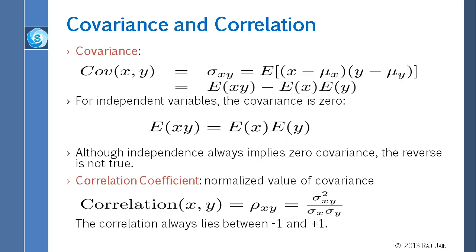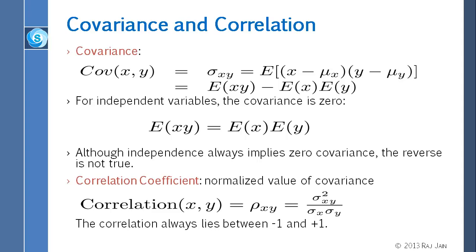You can do that very easily, because if you multiply this, you will get 4 terms: xy, minus mu x y, minus mu y x, and plus mu x mu y. You take the expected value of each of those, and basically the 2 terms will cancel out and these 2 will be left over. Basically this term will appear 3 times, with minus and plus, so you will end up with minus.